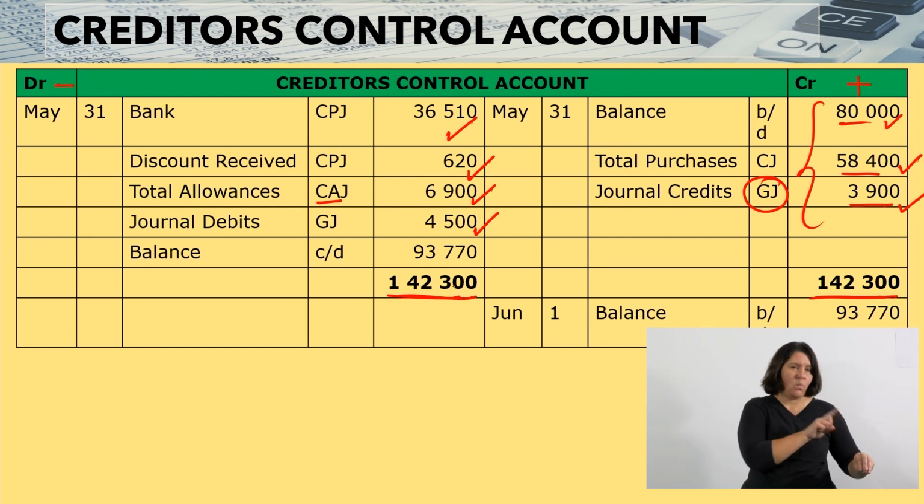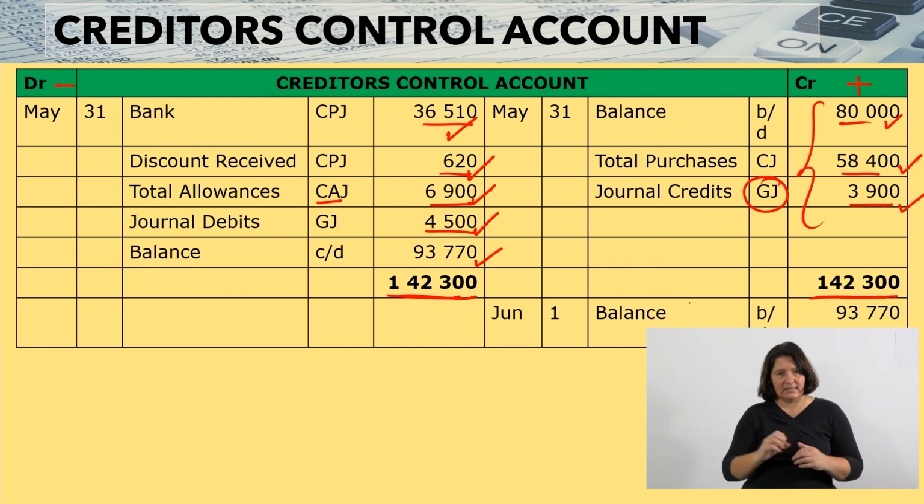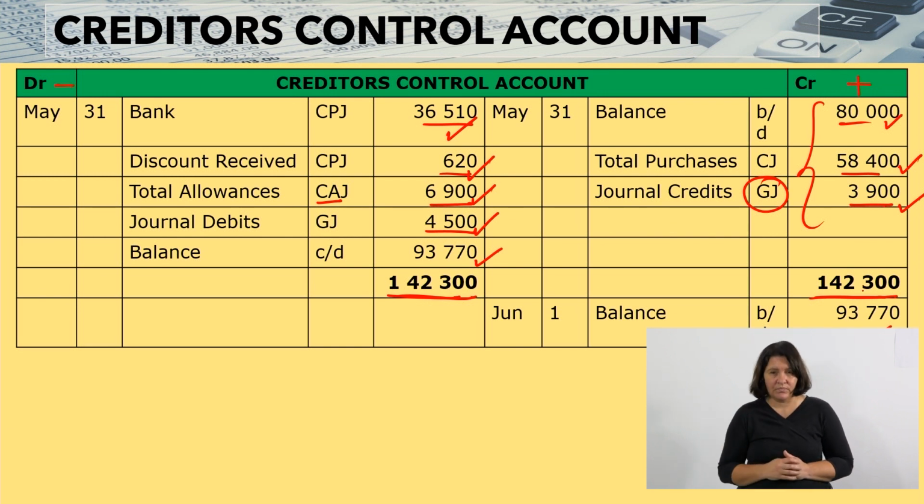Then you now say your 142,300 minus 36,510 minus 620 minus 6,900 minus 4,500, and it will give you now balance carry down 93,770. You then come to the credit side, balance BD 93,770. This is the amount of money that we owe our creditors at the end of this particular month.